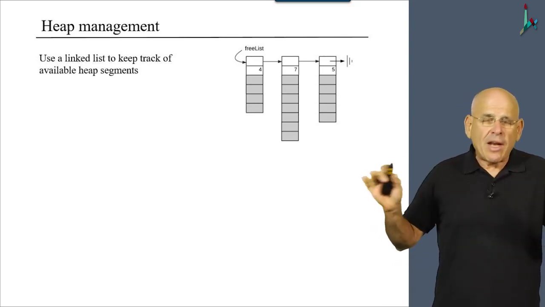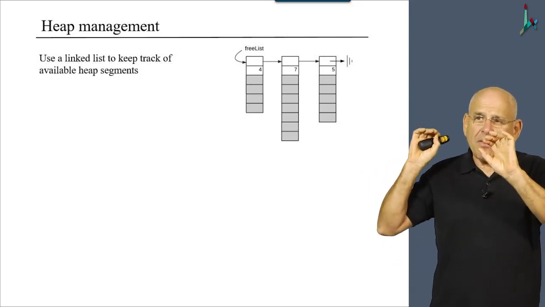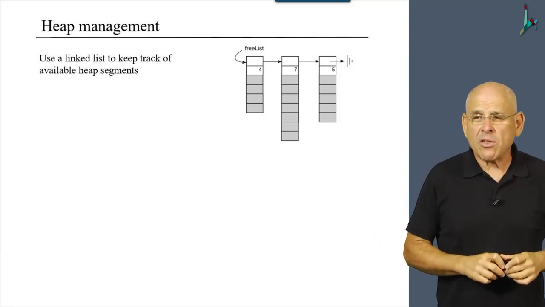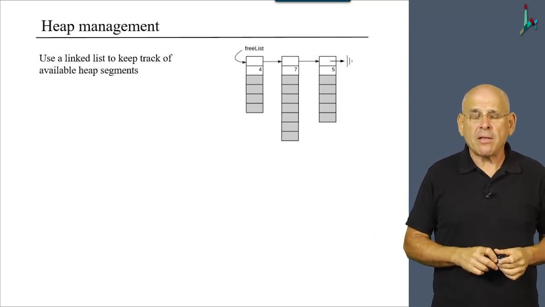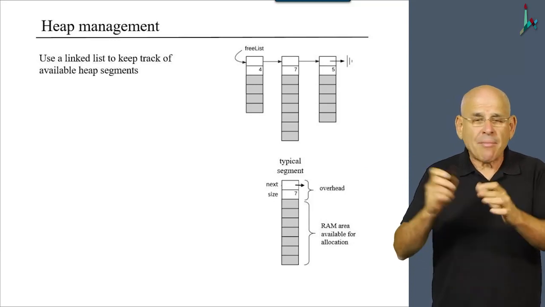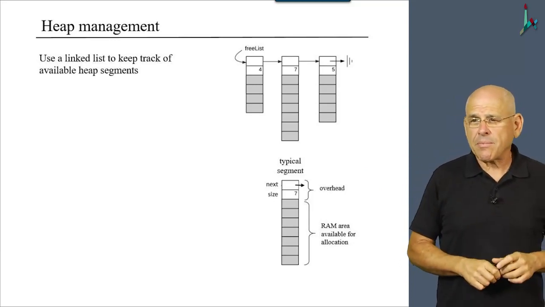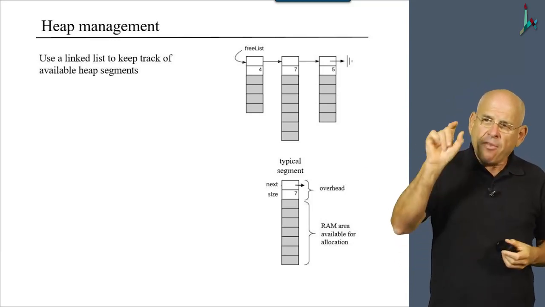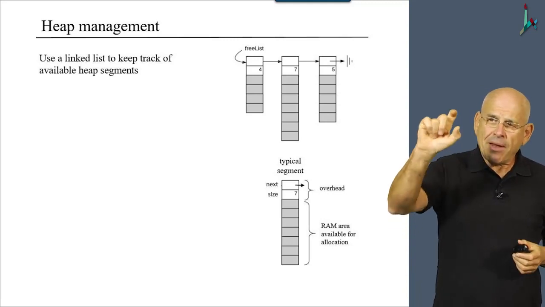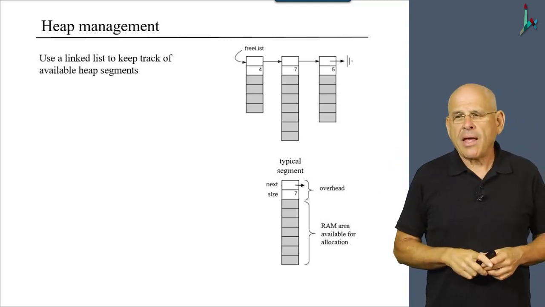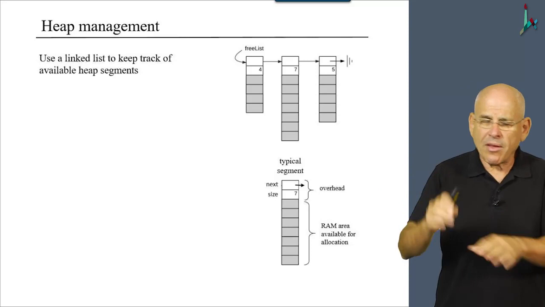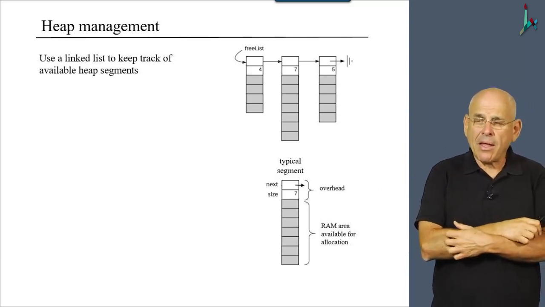So we have a free list, and these are all the memory resources which are presently available to us. This is something which is managed by the operating system. Now, every element of this list has the following anatomy, which I describe below.